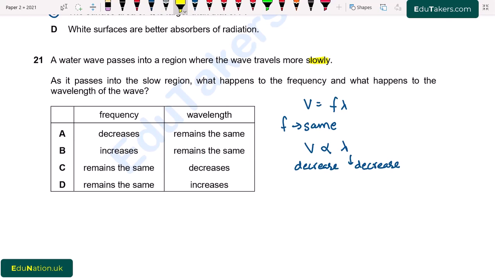So in the table, first of all here is frequency and secondly there is wavelength. Option A, frequency decreases, so it is not possible. Option B, frequency increases, it is also incorrect. C, frequency remains the same and wavelength decreases. So this option is correct. Option C.